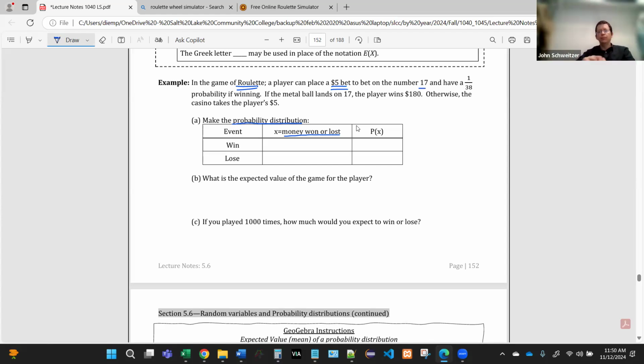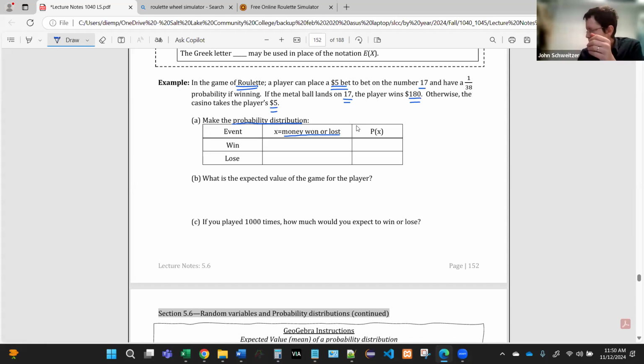If the ball lands on 17, then we win $180 and we take our $5 back. The $5 sits there on the table. If you win, you take your 5 back and they give you $180. But if you lose, they take your 5 and then you're done, unless you want to play again.